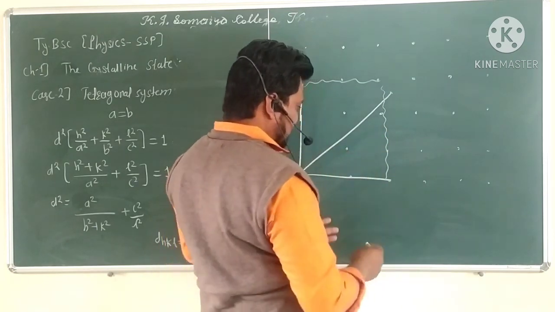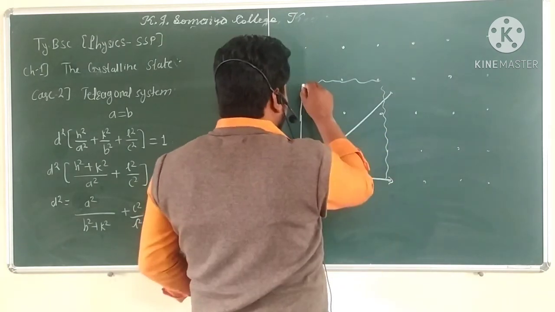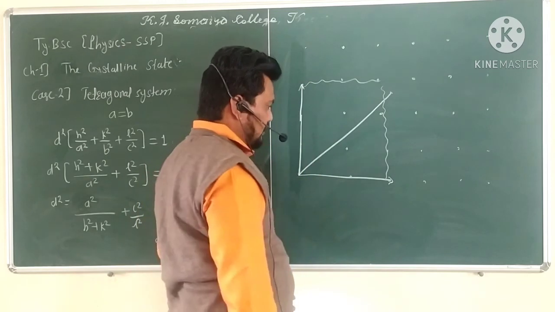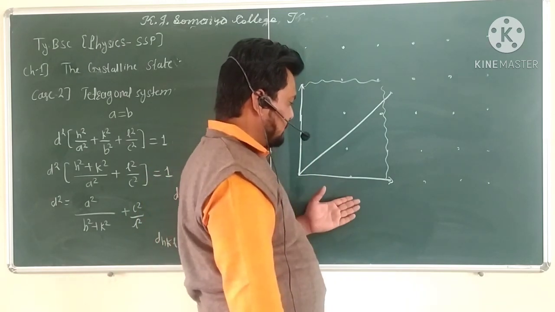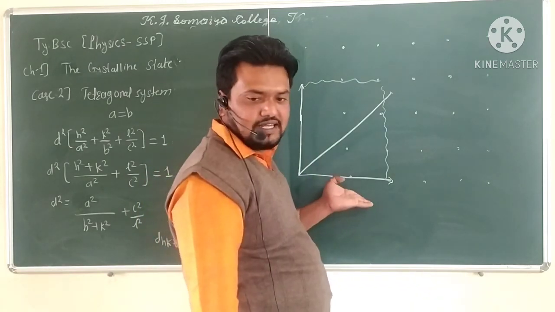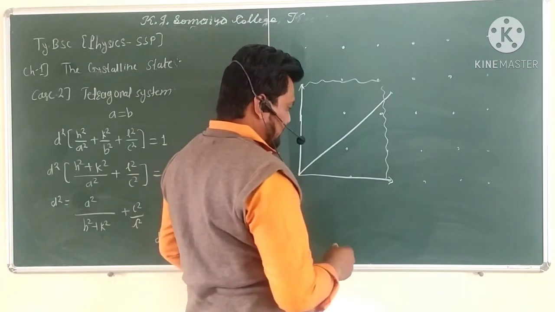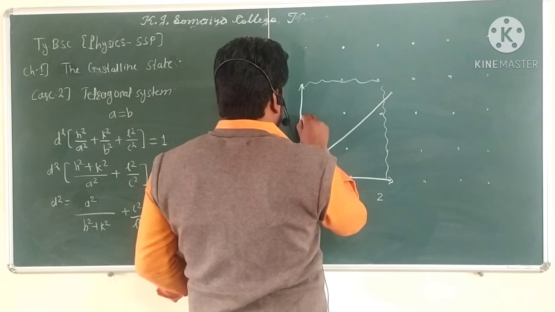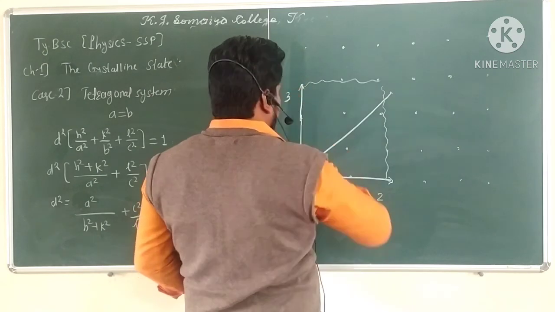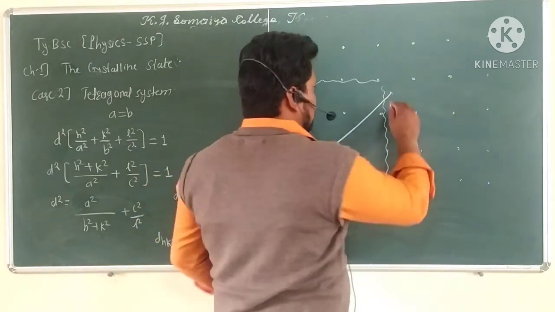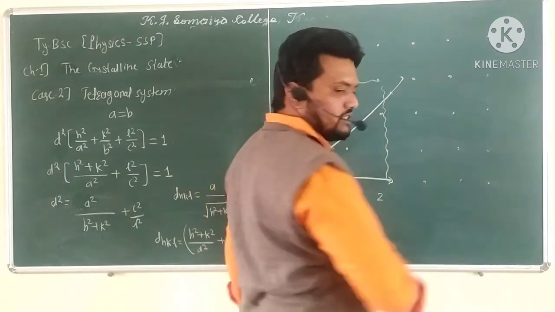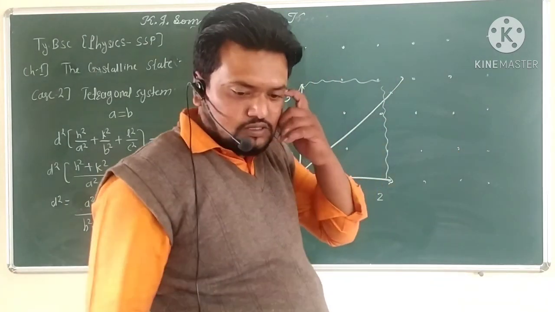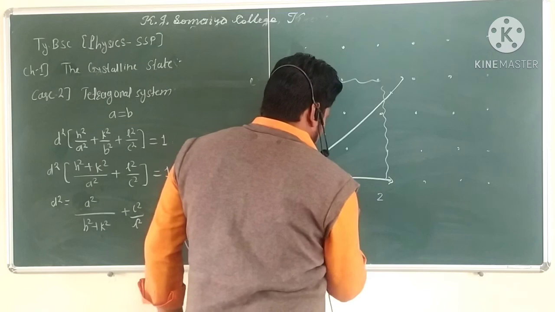So this is considered as the plane. This is a 2-axis system, or two-dimensional space. For example, this unit length is 2, this unit length is 3, and the third axis is absent, so it is considered as 0.